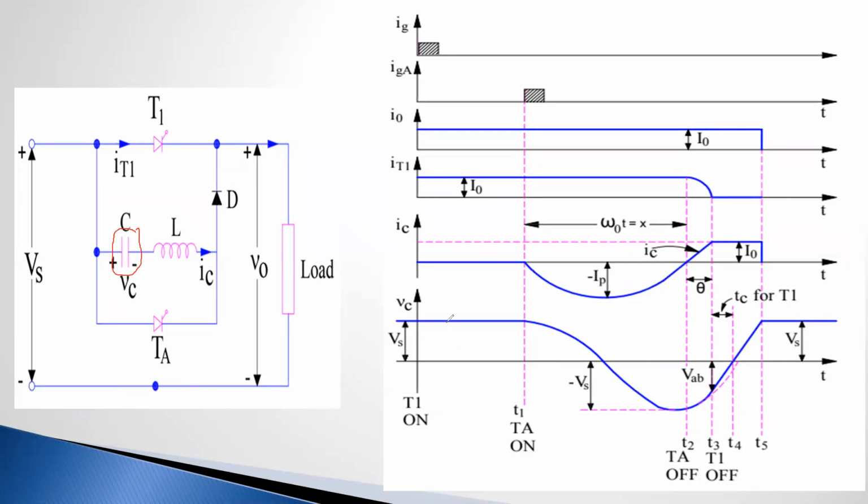When the thyristor is turned on, the current flows through this load circuit, and this current is called the load current I0. I0 is represented like this. Clear? The capacitor is fully charged initially, with this plate positive and this plate negative.